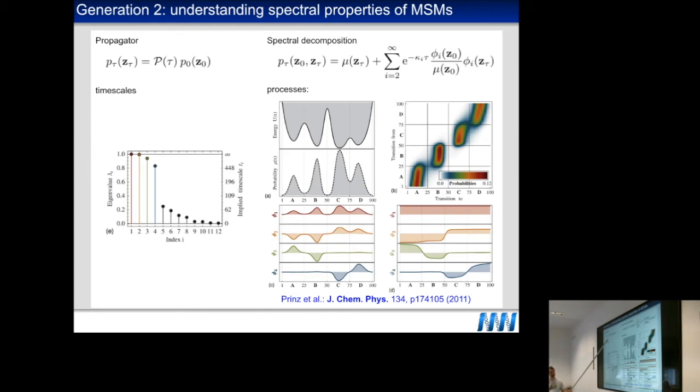Why is this useful? Because a Markov state model is basically just a discrete version of this equation. This P here is just like the continuous operator behind the Markov state model transition matrix. So if you want to get a good model, meaning one that makes little error or approximates the real dynamics well, you somehow think about what do I need to do in order to approximate this operator well.